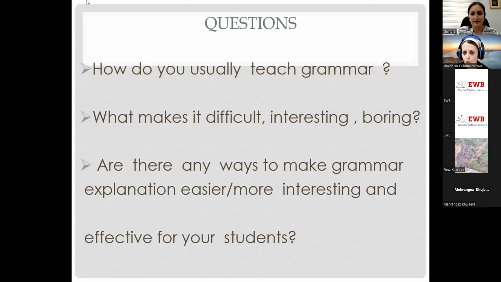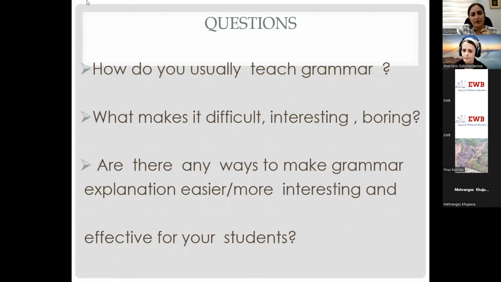Okay, so Gulnoro is writing that she usually uses deductive and inductive ways of teaching grammar. So what do you think? Is it deductive or inductive? Sometimes it depends.